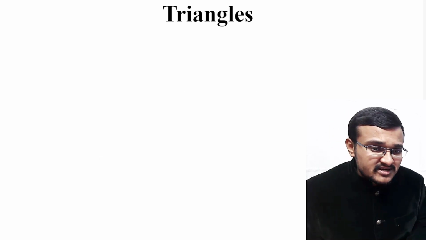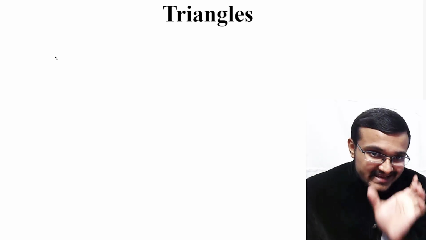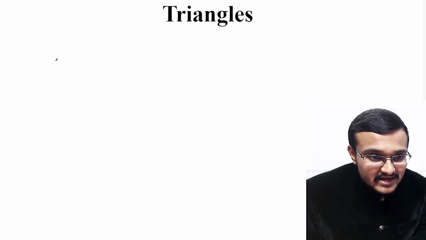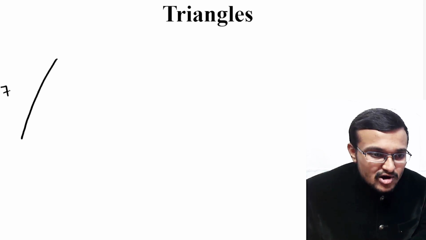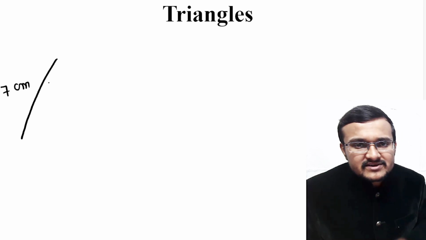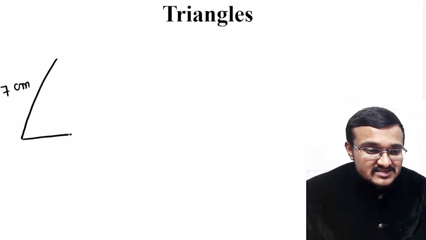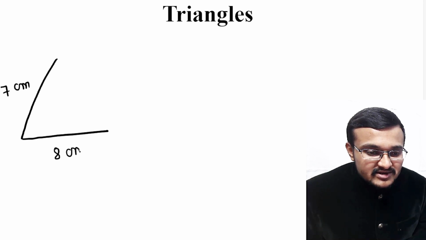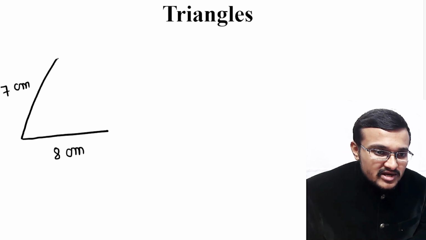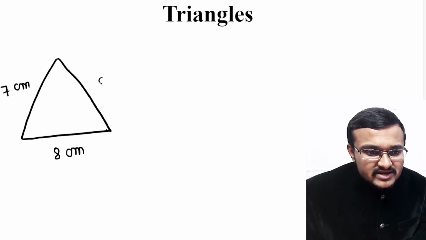So how to prove this theorem? You can take a scale and draw a 7 centimeter line, or whatever value you have in mind. I am considering 7 centimeter, and I will draw one more line of 8 centimeter, and one more line of 8.5 centimeter.